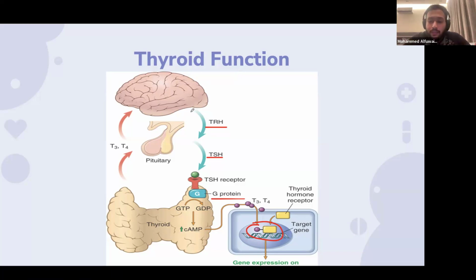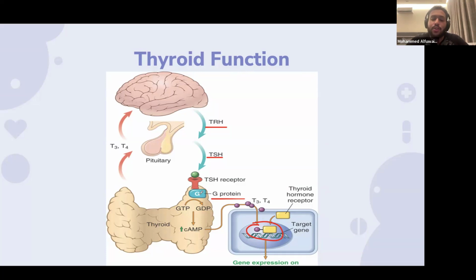So now, if you have this patient who has high T3, T4 and low TSH, what do they have? Primary hyper. If they have high TSH and high T3, T4, this is secondary hyperthyroidism.